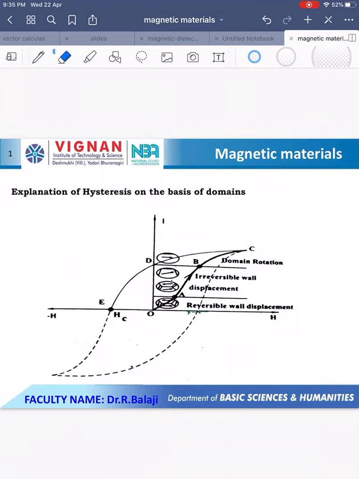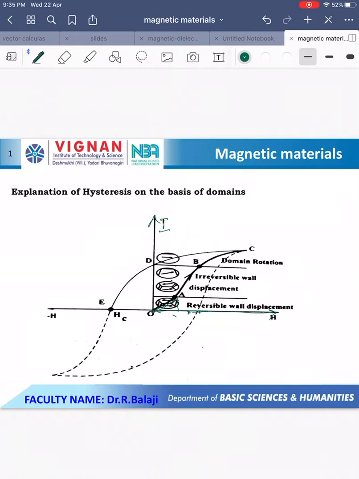So when a small external field is applied, for example, when we draw a graph, this is H and I stands for intensity of magnetization. Now we are applying a small magnetic field.